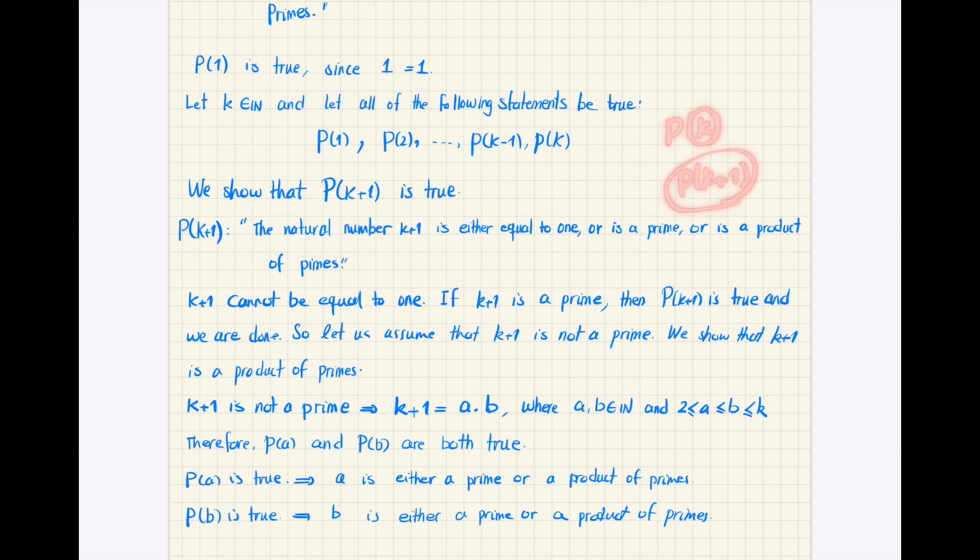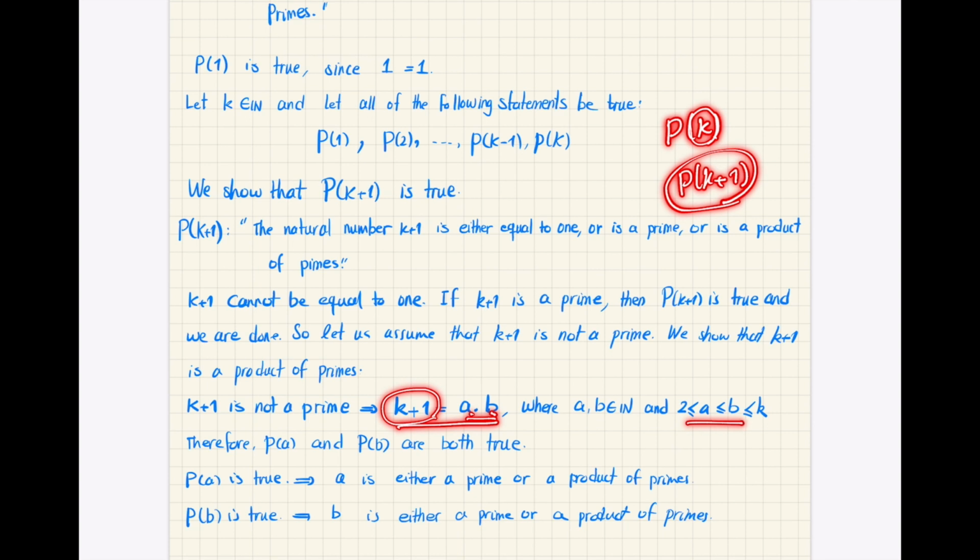But if I want to use this strategy, I write k plus 1 as a product, but then it is not under my control anymore that these two numbers are the previous number. No, we don't know. What we know is that A and B lie somewhere between 2 and k inclusive.